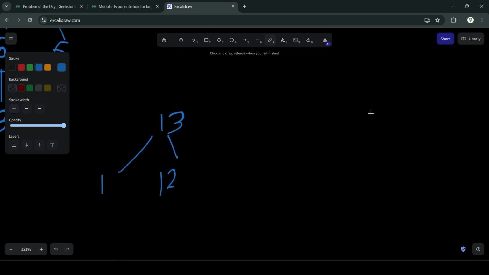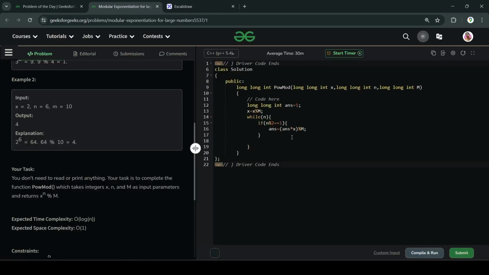So suppose you are having x to the power 4, and we have to divide it equally. So how can I? x into x, that will be to the power 2, and then squared again. So this is correct, we have to do this thing.